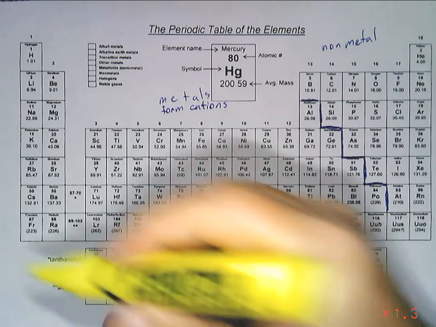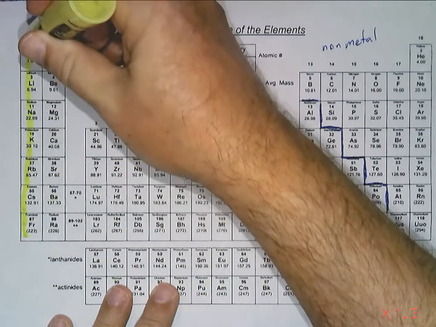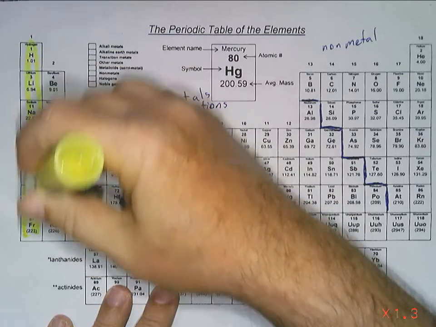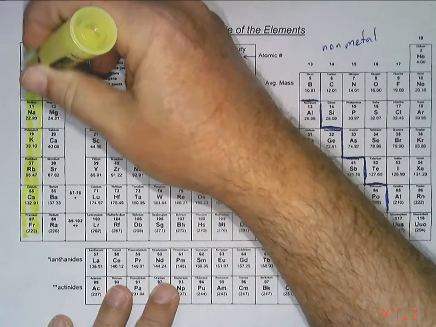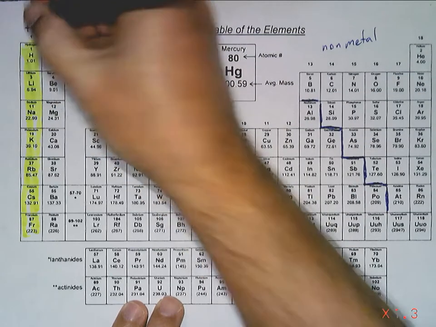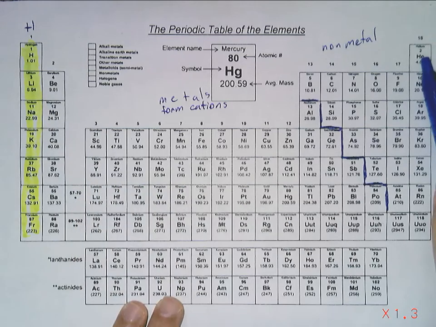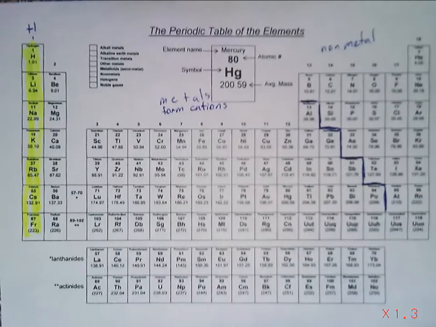Look at the first column. Everything in this column forms +1 ions. You can see why. If lithium wants to become like the nearest noble gas, which is helium, it's going to lose 1 electron.